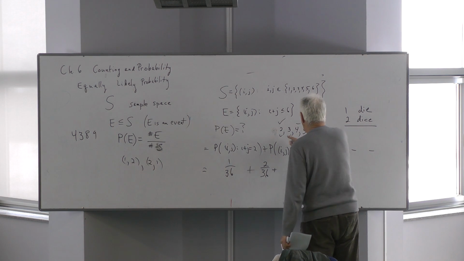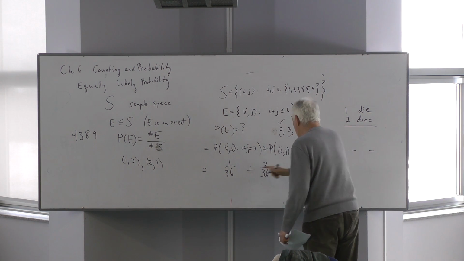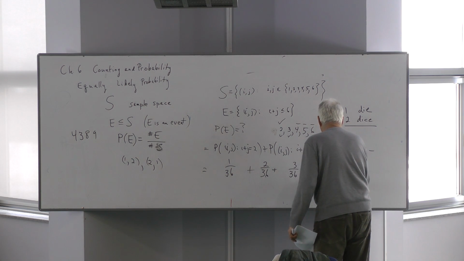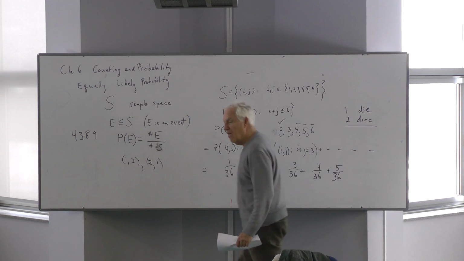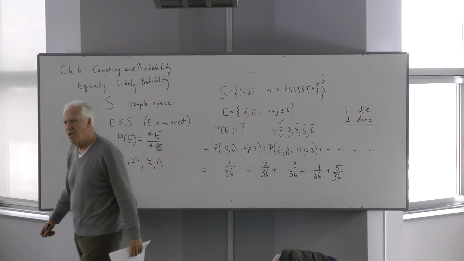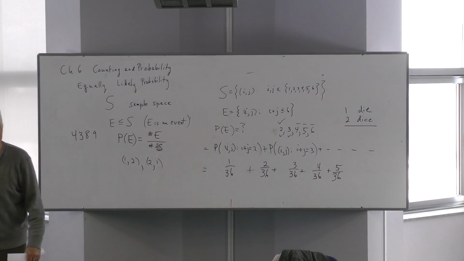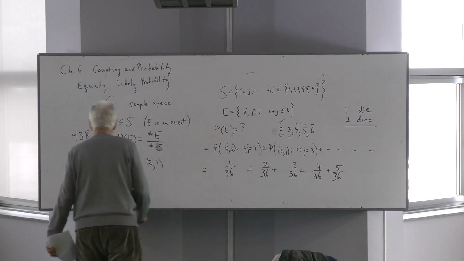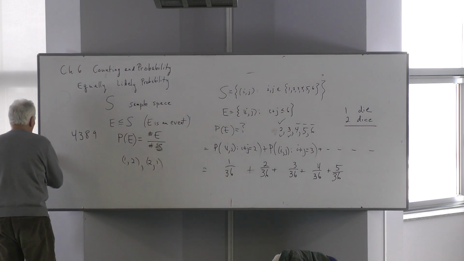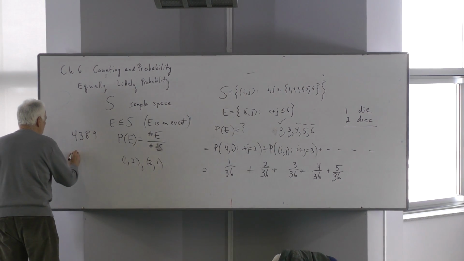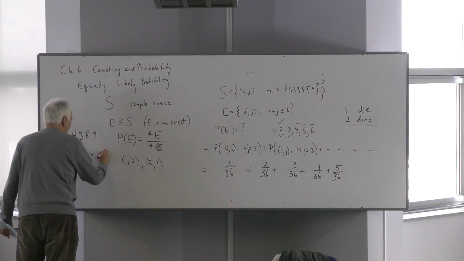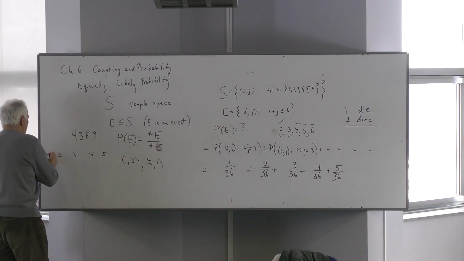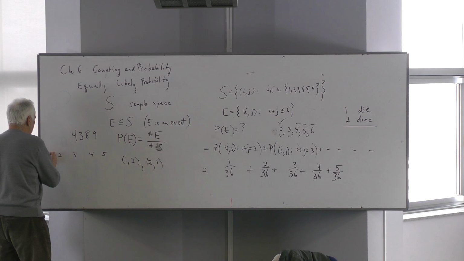How many terms are there? 1, 2, 3, 4, 5. I've done it real quick for you. Just the last one. I see a confused look. When you see a confused look, how can you get 6? The first could be 1, 2, 3, 4, or 5, 5 of them. That's why I have 5. So it could be, how do I get 6?